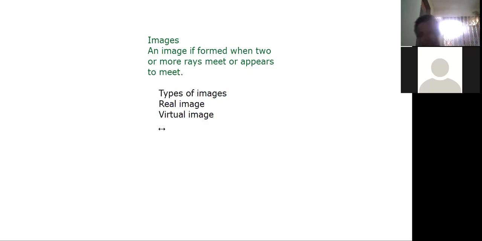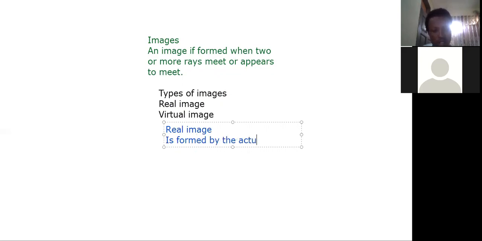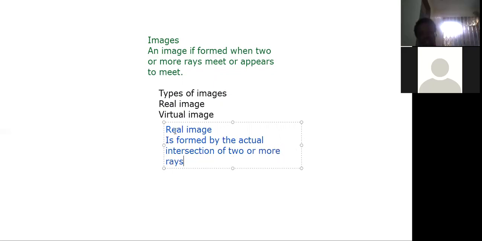A real image is formed by the actual intersection of two or more rays.